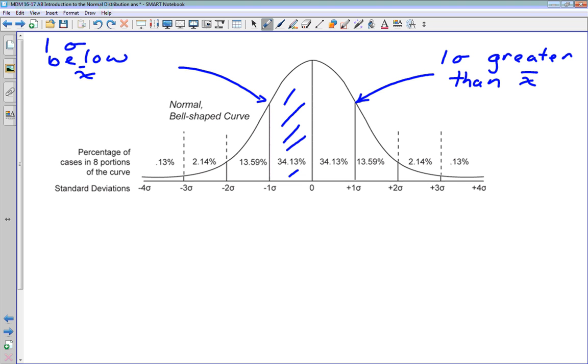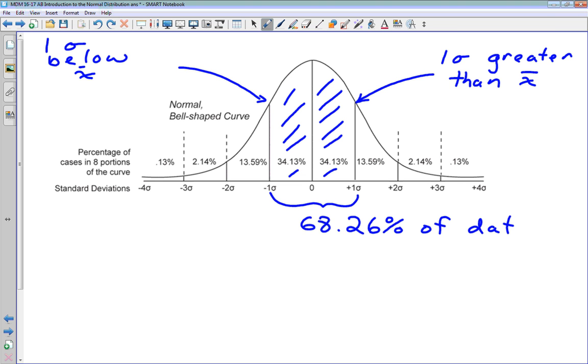And because it's symmetric, if we go to the other side here, between the mean and whatever value is 1 standard deviation greater than the mean, that area has another 34.13% of the data. So between this line that represents 1 standard deviation below and 1 standard deviation above, we always have 68.26% of the data.